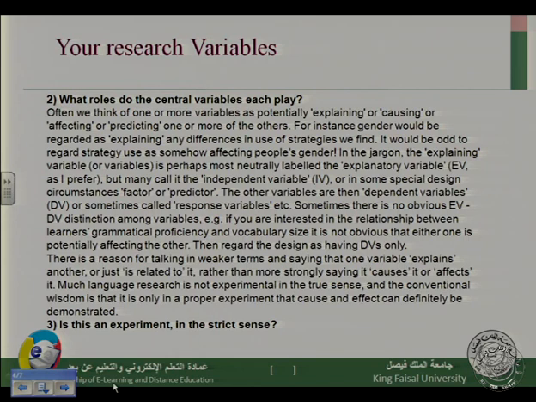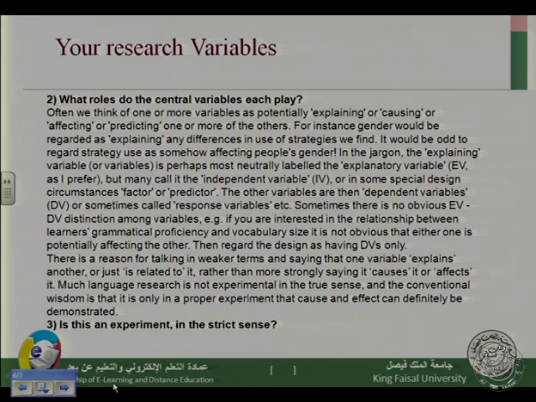In the jargon, the explaining variable is perhaps most neutrally labeled the explanatory variable, EV, as I prefer, but many call it the independent variable. As I said, you can call it IV, independent or explaining variable, or in some special design circumstances, factor or predictor. This is just to give you the names of these variables.